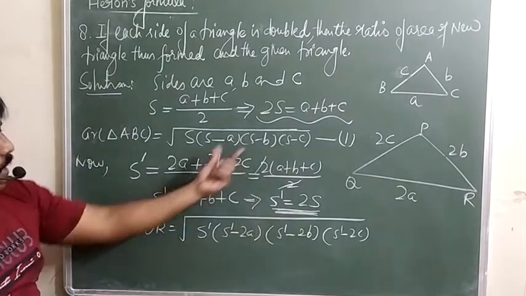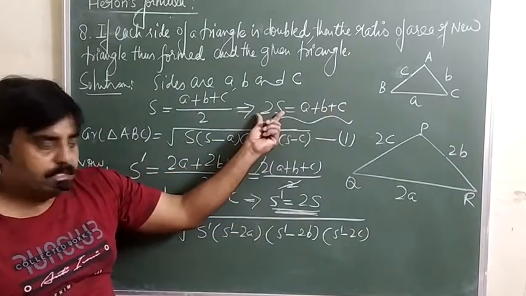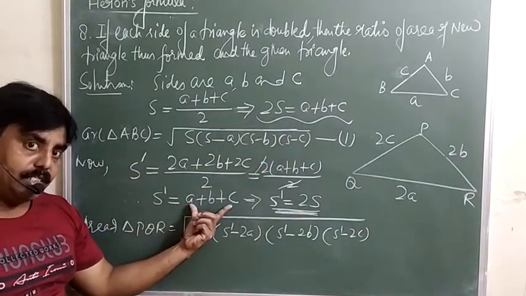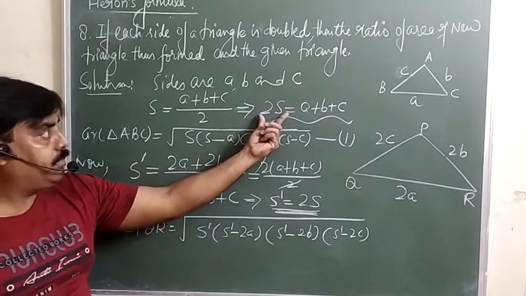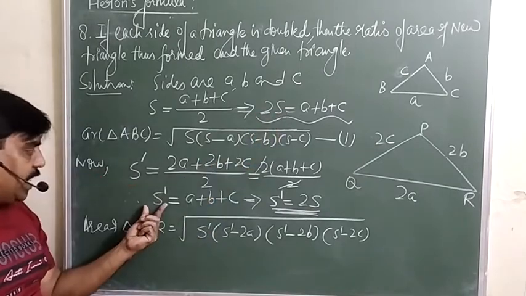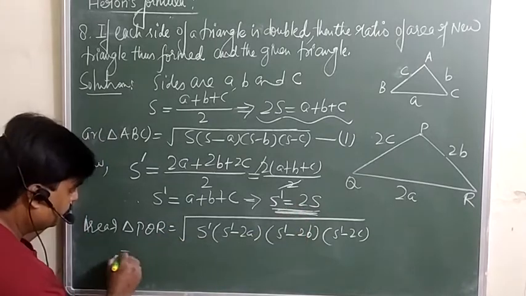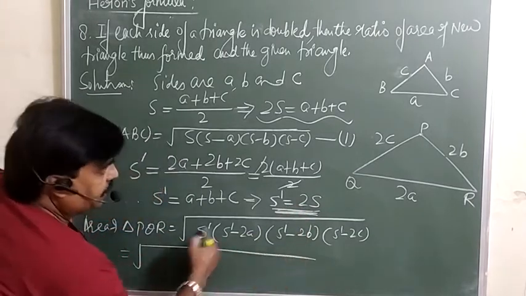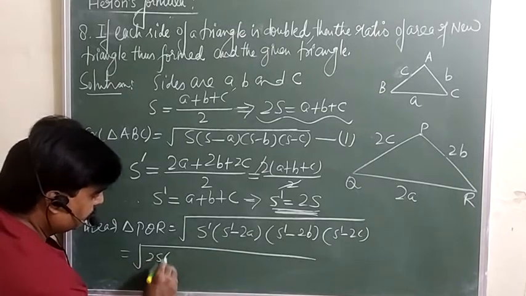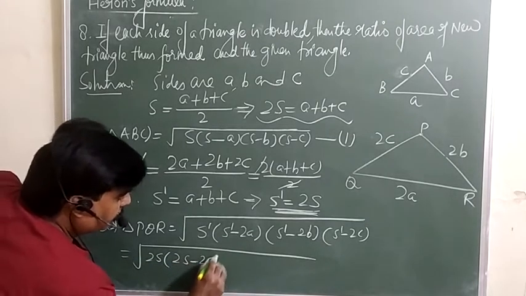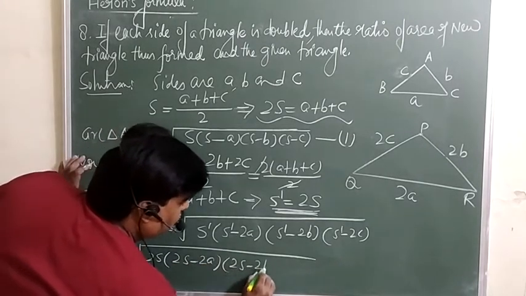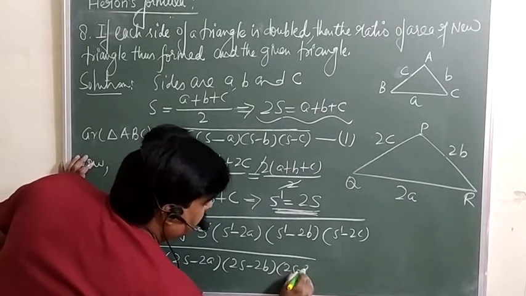A plus B plus C is 2S and S dash is equal to A plus B plus C, so in place of A plus B plus C we can write 2S. So what are you getting? S dash is equal to 2S. So that value you have to put here: square root of 2S, 2S minus 2A, 2S minus 2B, 2S minus 2C.